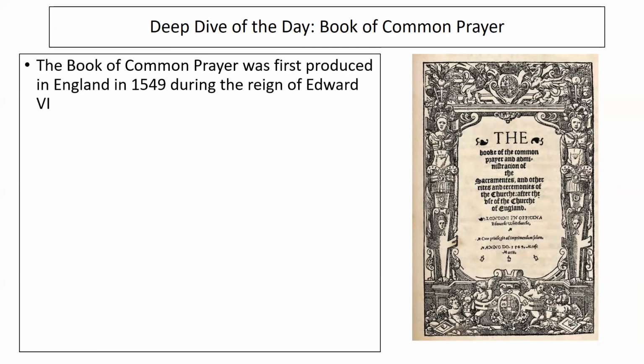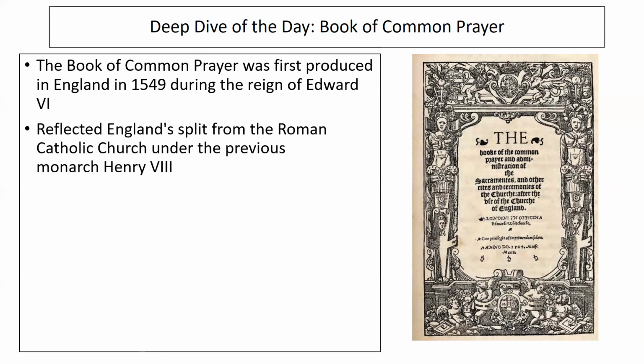So it was first produced in England in 1549 during the reign of Edward VI. Edward VI, of course, is the son of the previous monarch, Henry VIII. Now, perhaps you are aware, I'm sure you are if you're all keen historians, that Henry VIII had his famous break with Rome, the creation of the Church of England, and the move away from Catholicism so he could divorce his first wife and marry his second, which was, of course, Anne Boleyn.